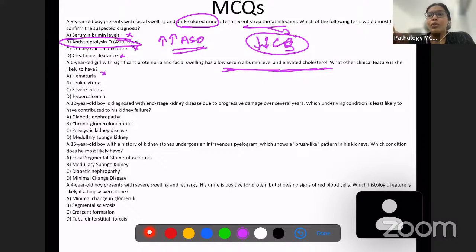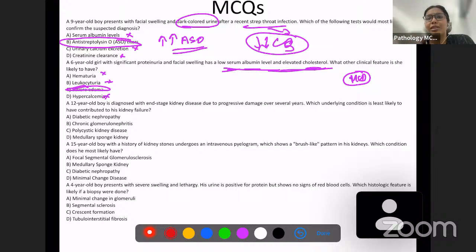No. What is the diagnosis? The diagnosis is minimal change disease, right? Proteinuria with low serum albumin and elevated cholesterol are features of nephrotic syndrome. Leukocyturia? No. So what she will have is severe edema. Hypercalcemia also no. So at this point, these questions become so easy since we have discussed so many variants of the same questions.